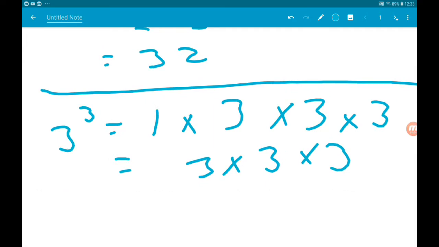Now 3 times 3 is 9, 9 times 3 is 27. So that's what's really going on with indices. It's the amount of times you multiply 1 by a number, not how many times you multiply a number by itself.